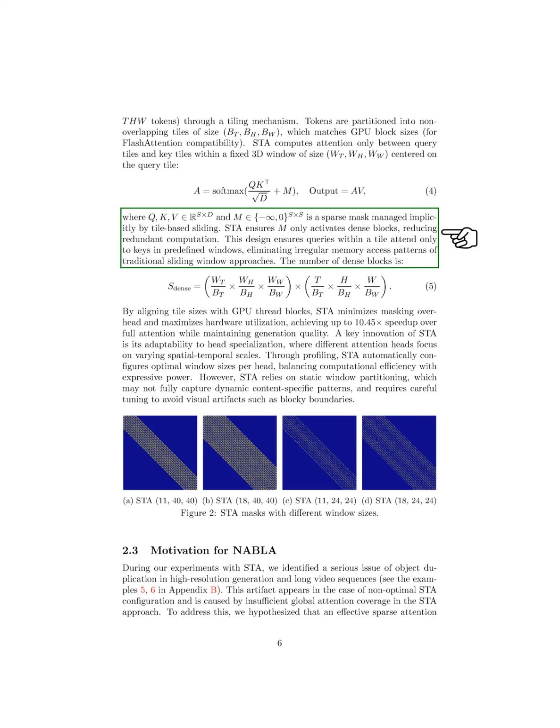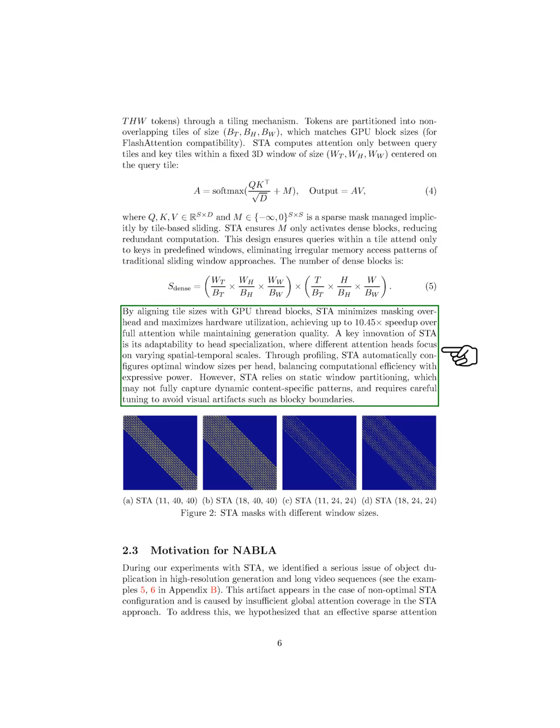It computes attention only between query and key tiles within a fixed 3D window, reducing redundant computations and improving efficiency. By aligning tile sizes with GPU thread blocks, STA achieves significant speedups while maintaining quality. However, STA's static window partitioning may not fully capture dynamic content, requiring careful tuning to avoid visual artifacts.